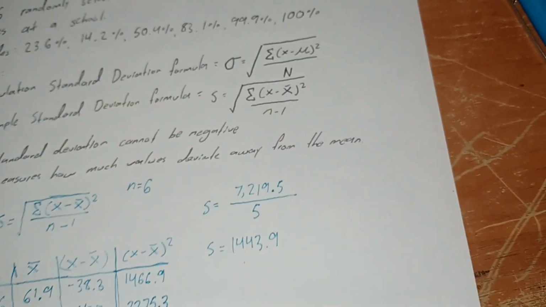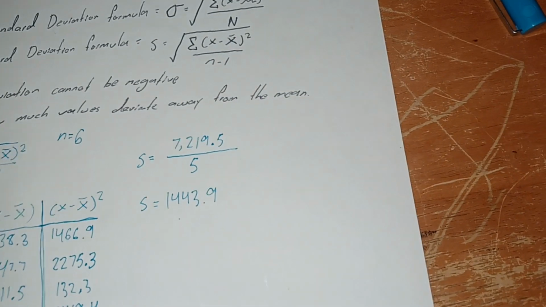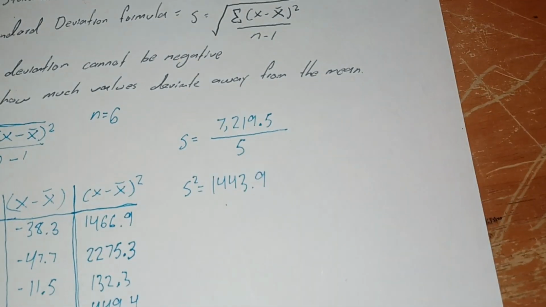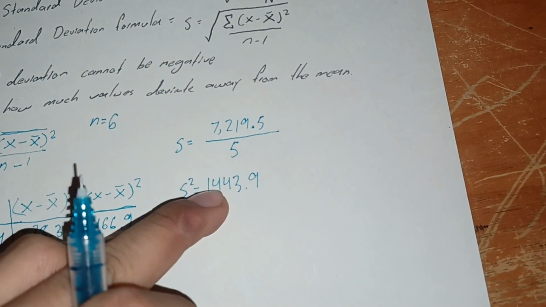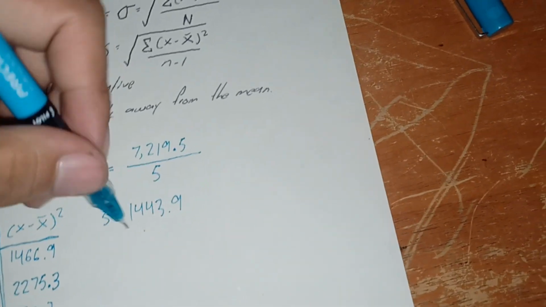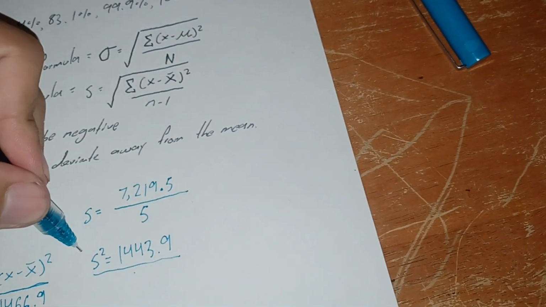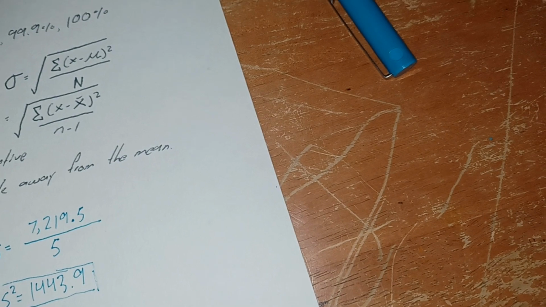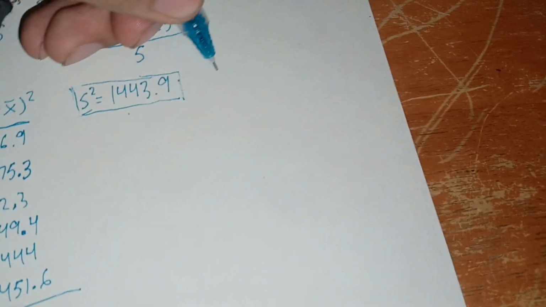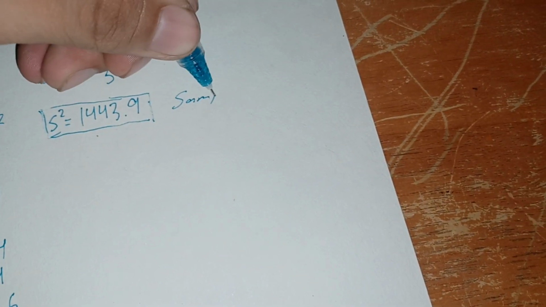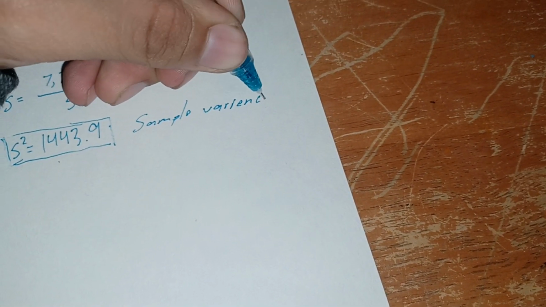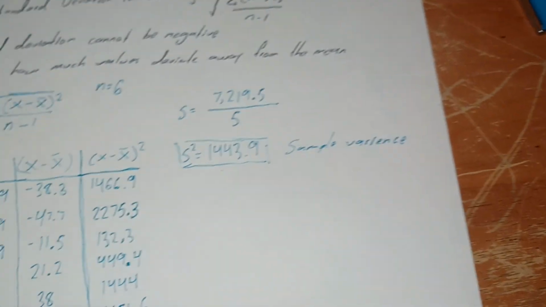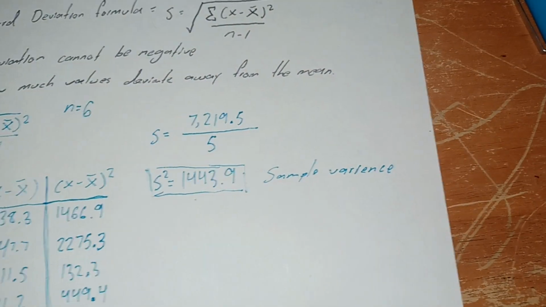But if we add a little power of 2 sign over here, this is going to equal your variance. This is your sample variance. Let's see if I can write it down. Sample variance.